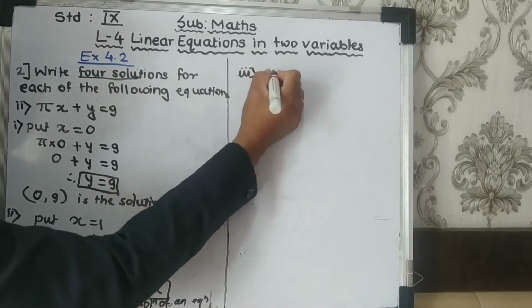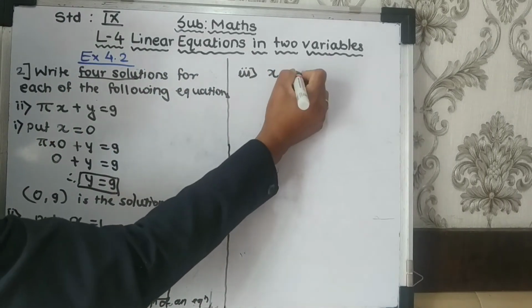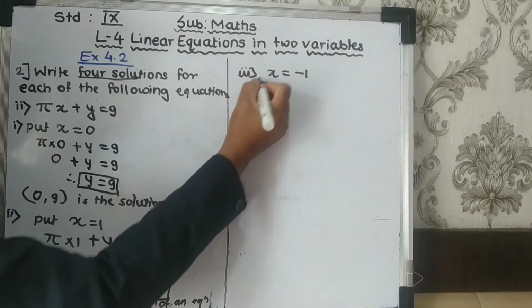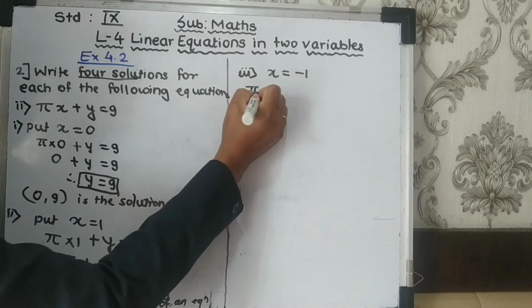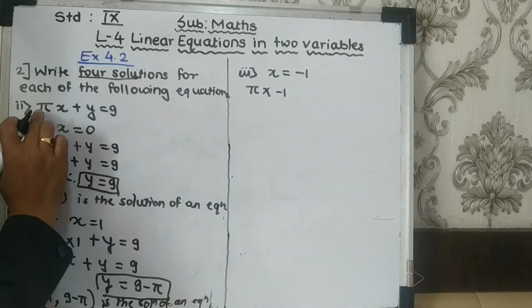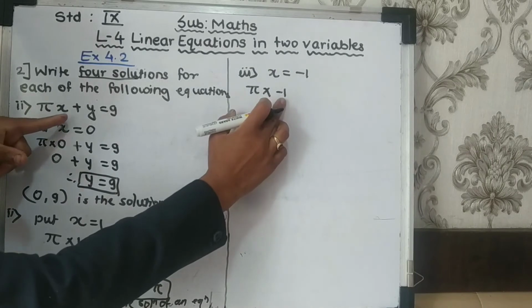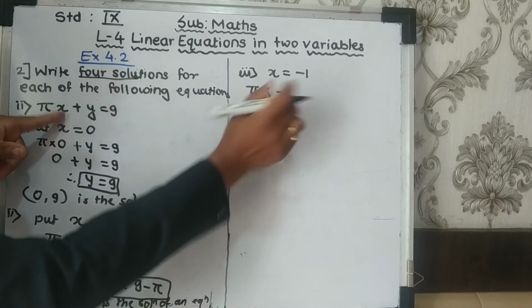Now let us take x is equal to minus 1. So minus 1 we have taken here. That time pi multiplied with minus 1. Every time we are using this equation and putting x value equal to minus 1 now, right?